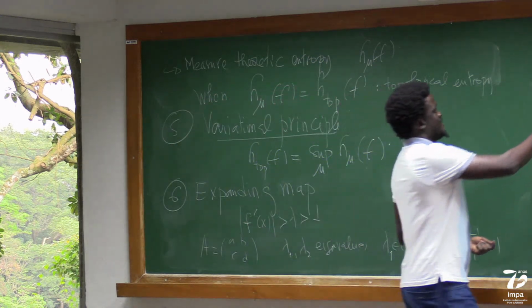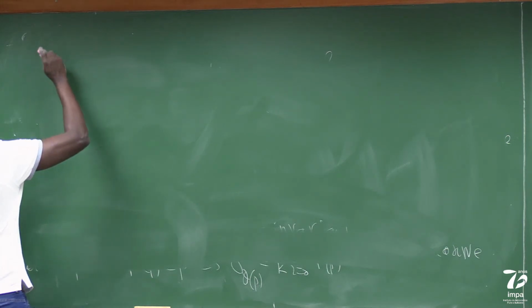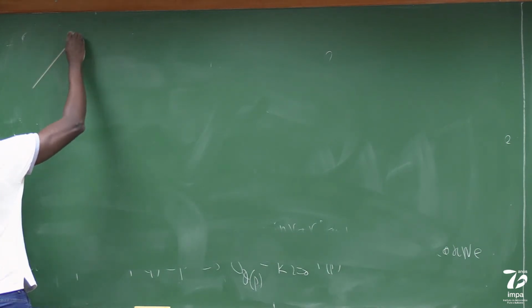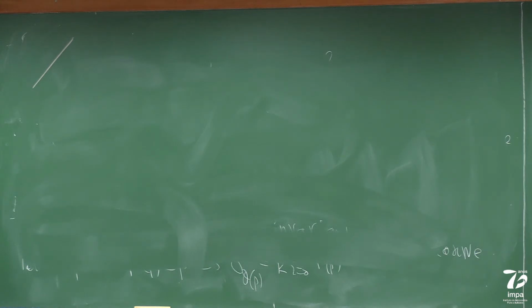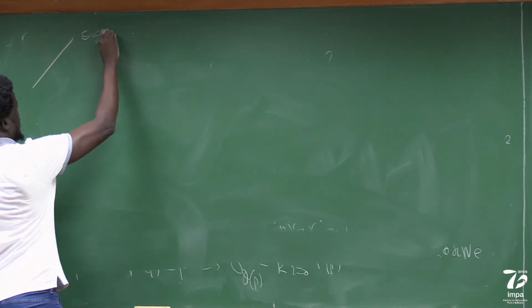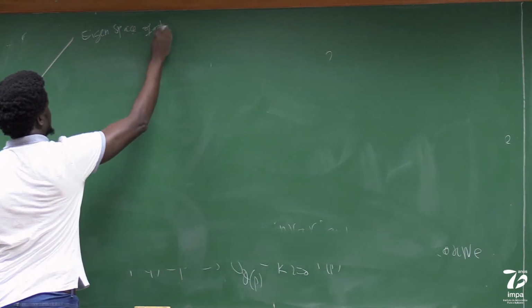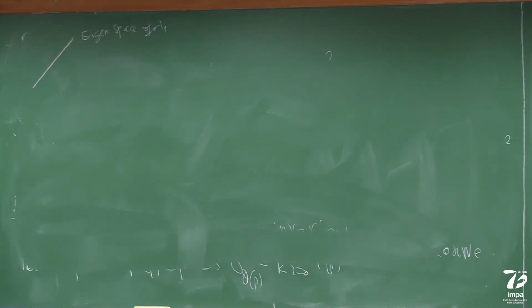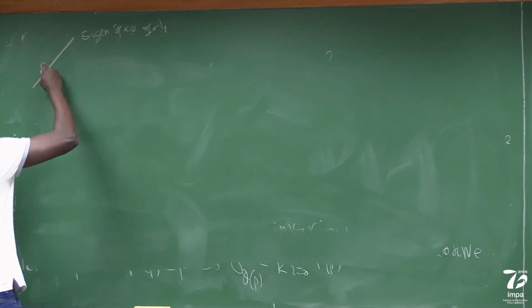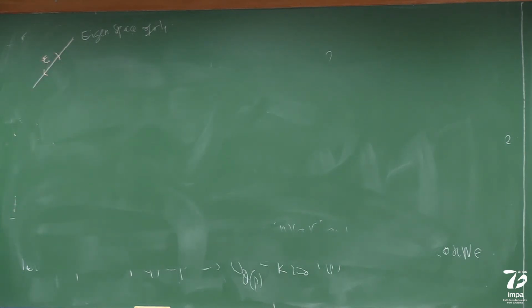Since it's linear, I just draw this line here. This is the eigenspace of lambda 1. If you take a piece of this eigenspace, let's say this is E, and you iterate it, it is going to map to something smaller.